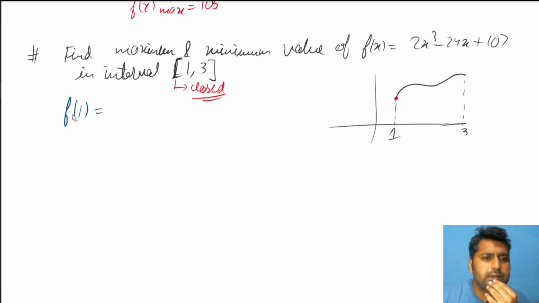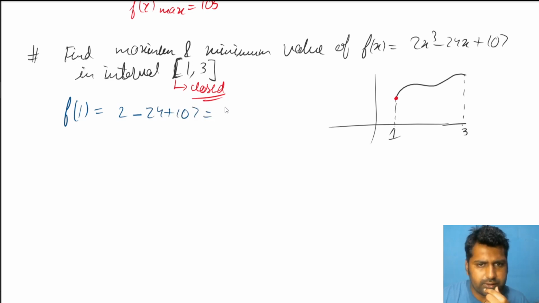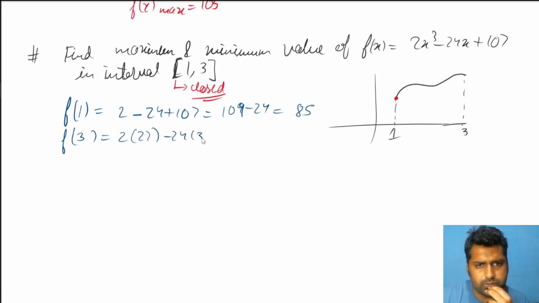Okay. Maximum minimum. So f of 1 is 2 minus 24 plus 107. That gives you 109 minus 24, so that's 85. Okay. Looking at a good value. f of 3: 2 into 3 cube, 27, minus 24 into 3 plus 107.